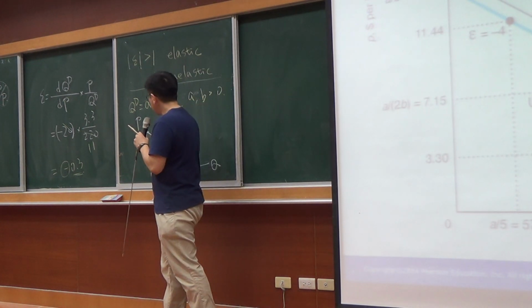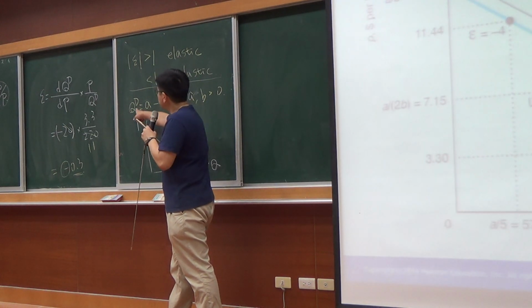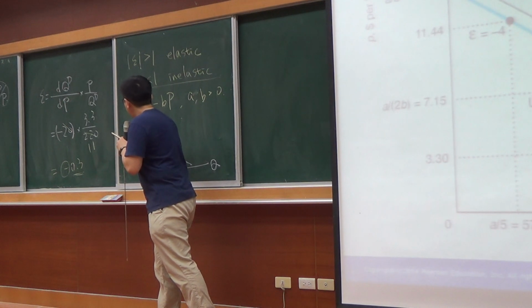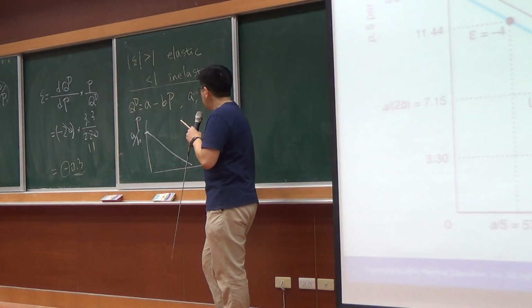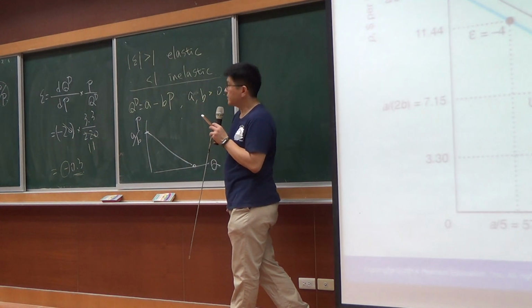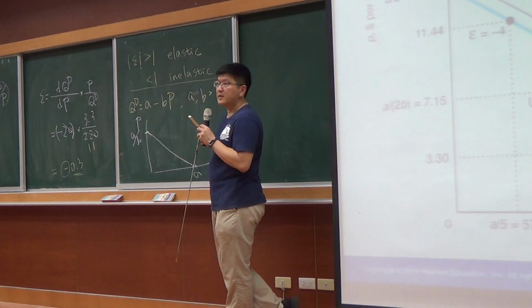Which means when Q equals 0, what about P? When Q equals 0, P will be A by B. Is that right? What about the horizontal intercept? It will be A. Is that right?